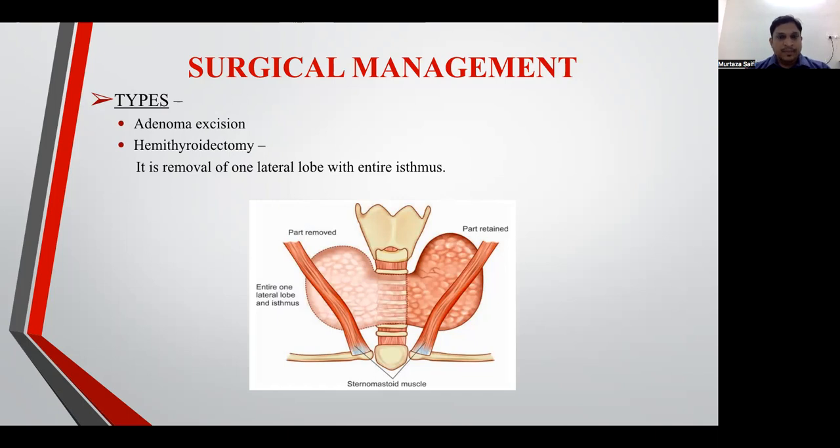You can see the part removed, this right hand side part removed. The entire one lateral lobe and isthmus is removed. Here, the lobe of the opposite side is retained. So here the dark part of the thyroid is retained. You can see it in relation with the sternocleidomastoids. You can see this picture.